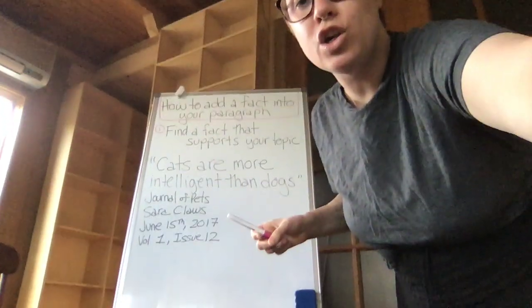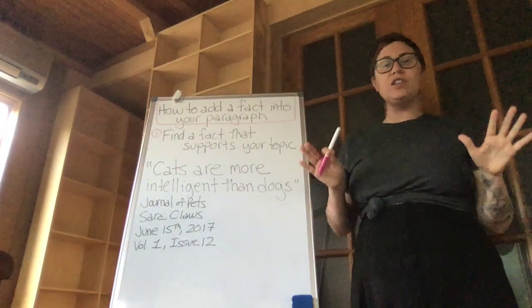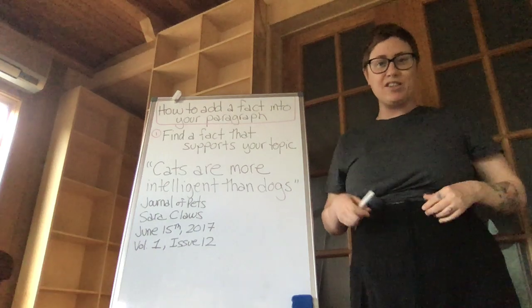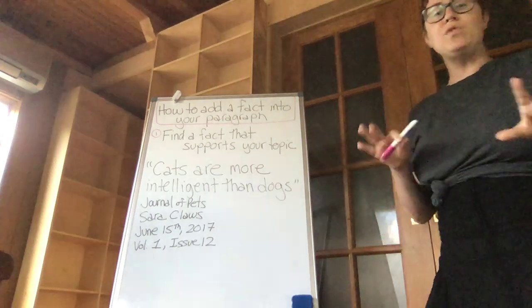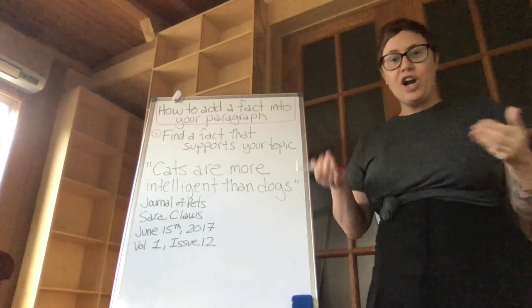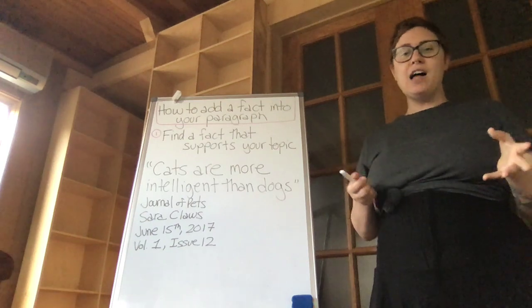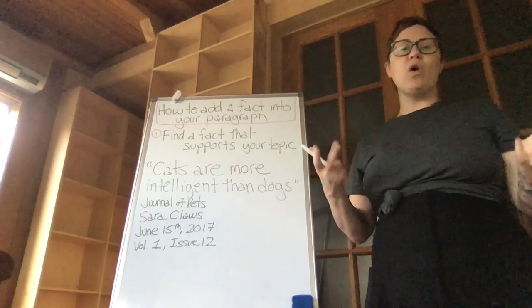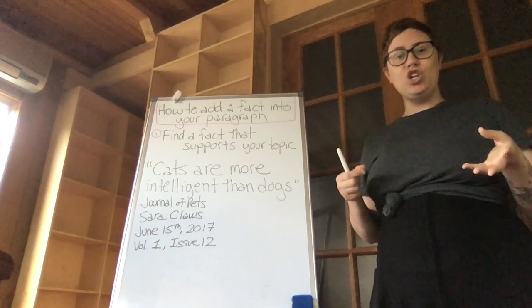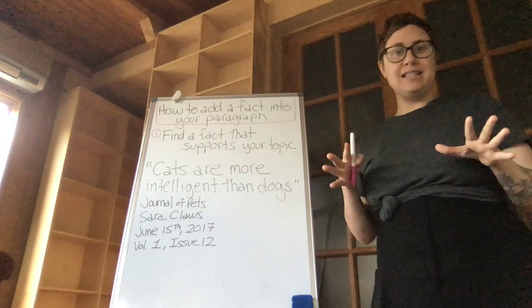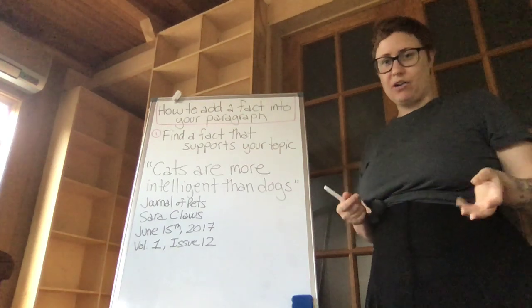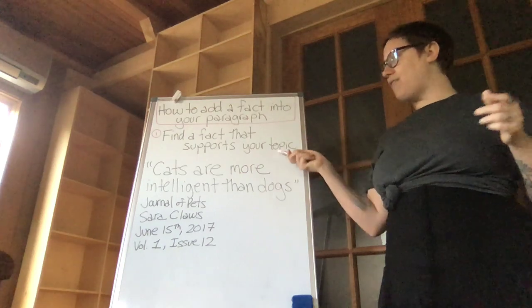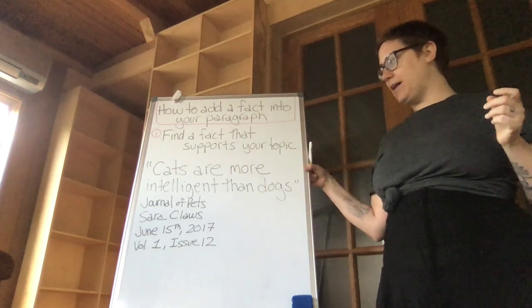When you're reading your articles, I gave you the website that you must use. Using that website, you're going to look for an article that supports what you are saying in your thesis statement and in your body paragraph. So find a fact that supports your topic.